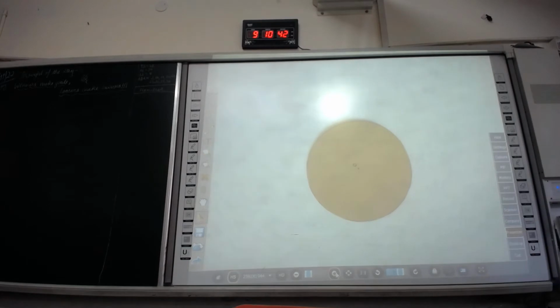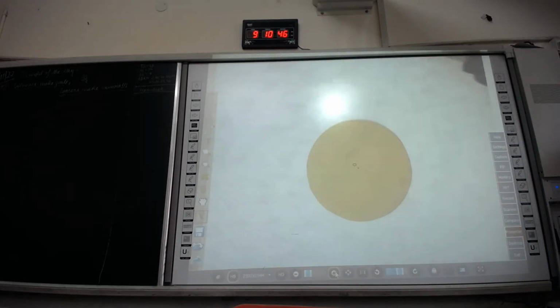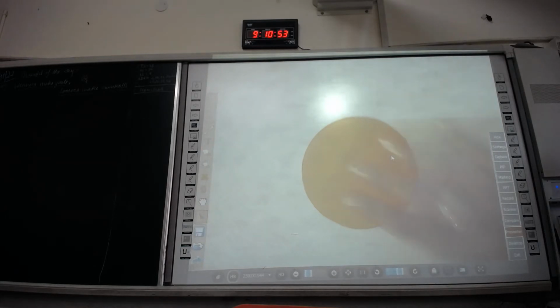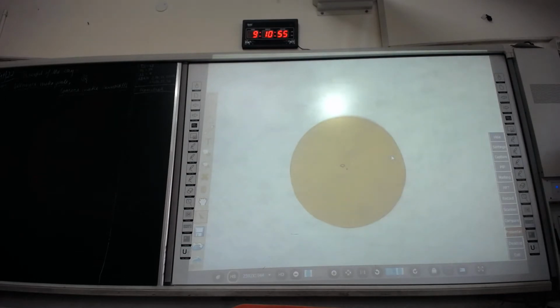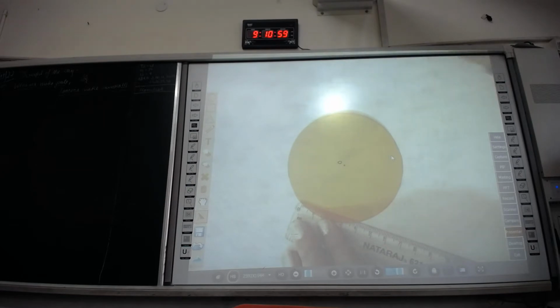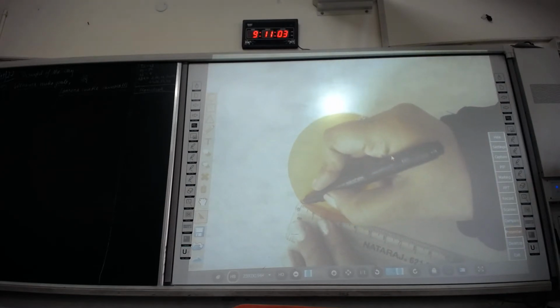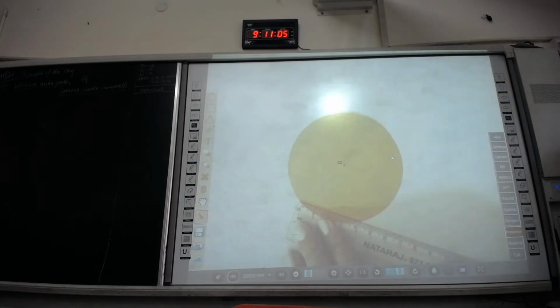So I am coming towards this side now. Just see what we are going to do in this circle. In this circle I am drawing a chord anywhere, and while drawing the chord be very careful so that you see the length also. So I am drawing this chord and we can see that the length is 4 centimeters.